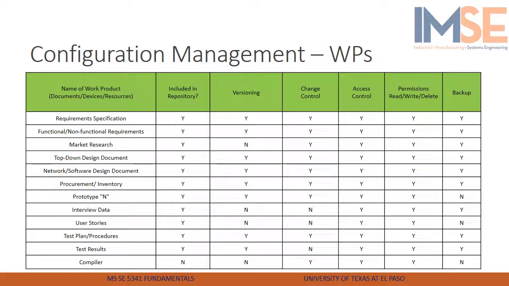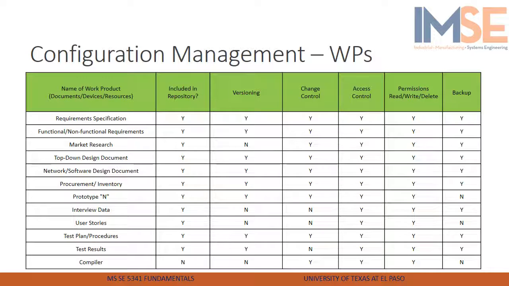As we studied throughout the class, one of the main purposes of a configuration management system is to establish and maintain the integrity of work product documents. These work product documents are considered configuration items, which are the fundamental structural unit of a configuration management tool. Additionally, we will discuss the baselines for the system and its components.